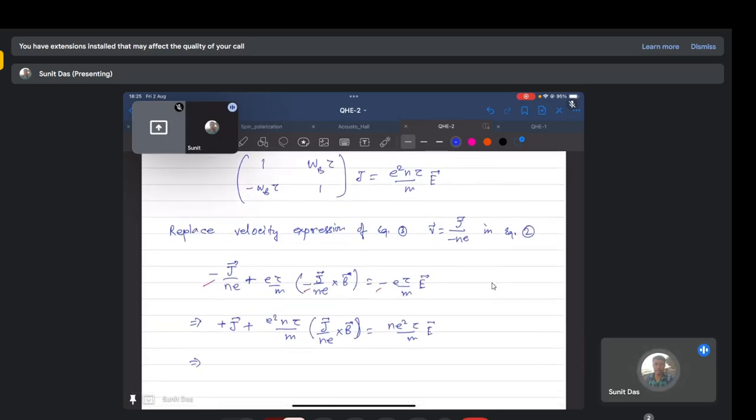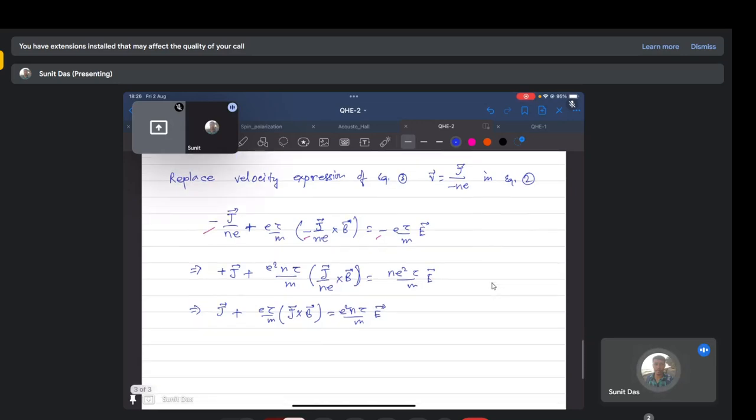If we simplify it again, j plus e tau by m, and then j cross b, equal to n e square tau by m electric field, right?